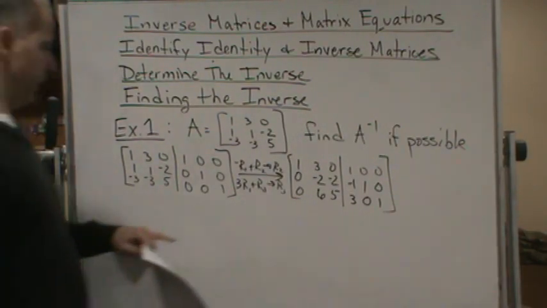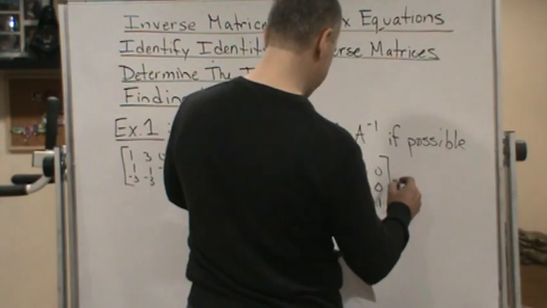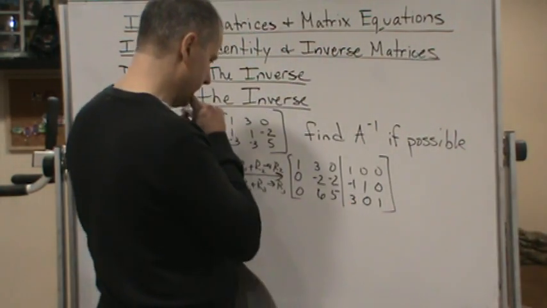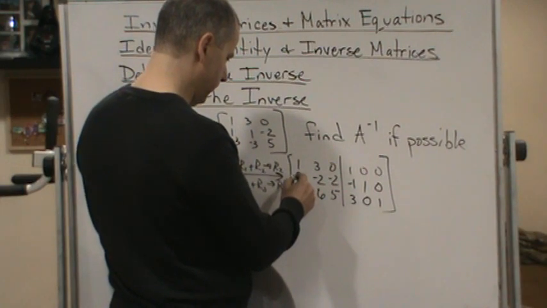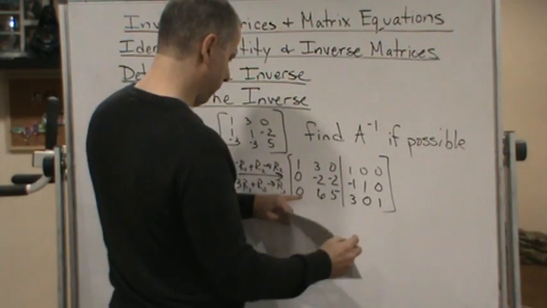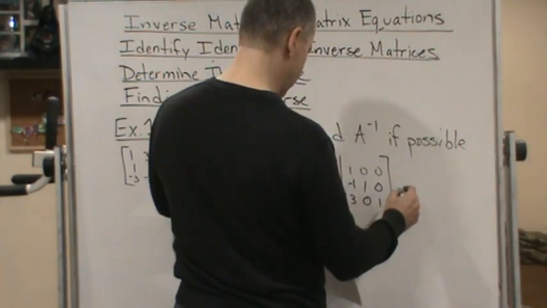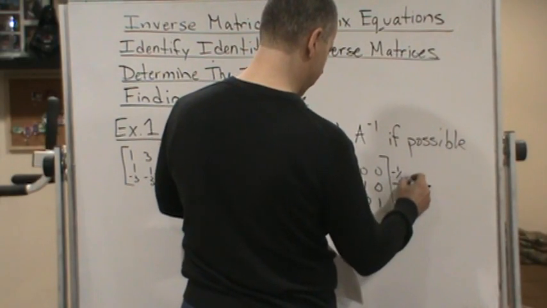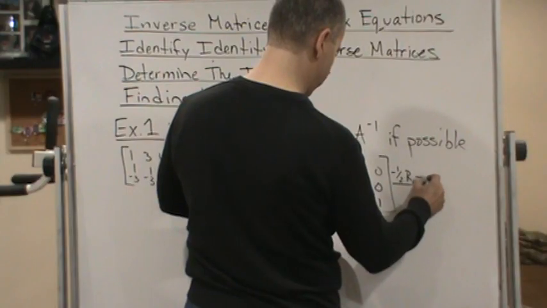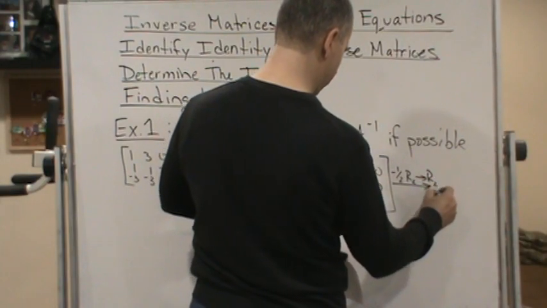All right, so now let's continue. What I'm going to do is divide the second row by -2. So I'm going to do -1/2 row 2 and replace row 2.